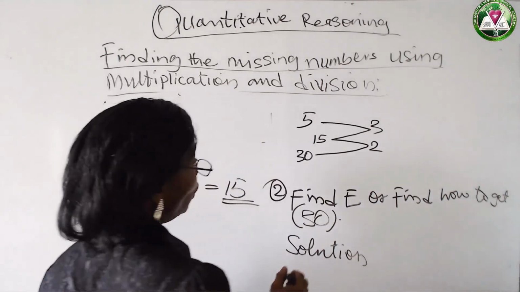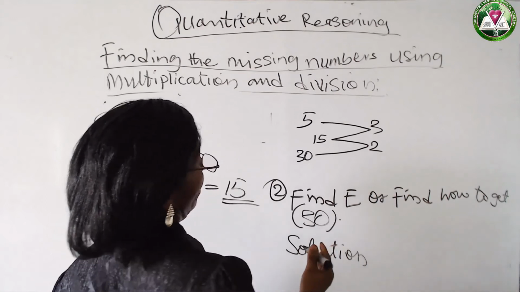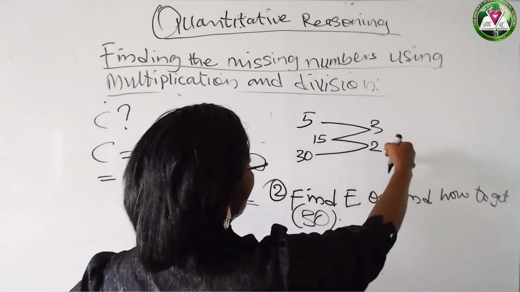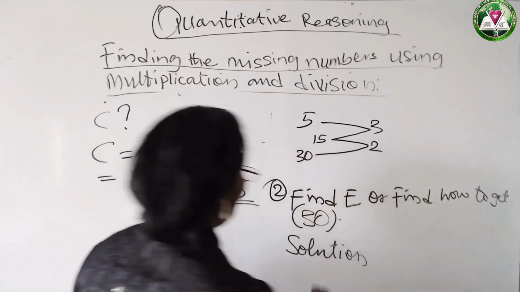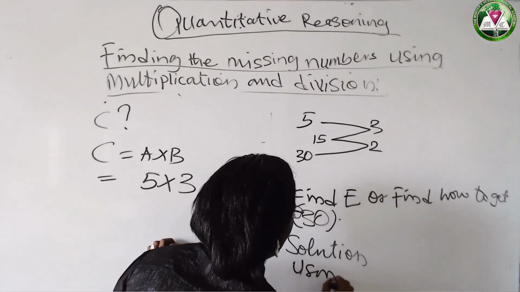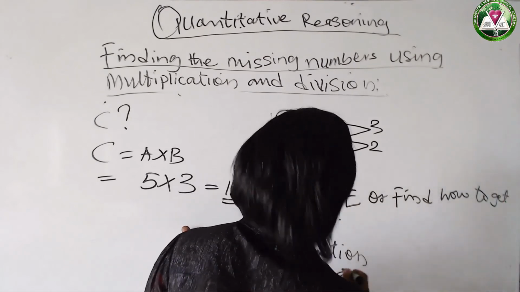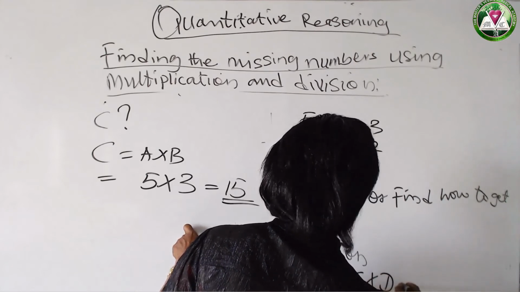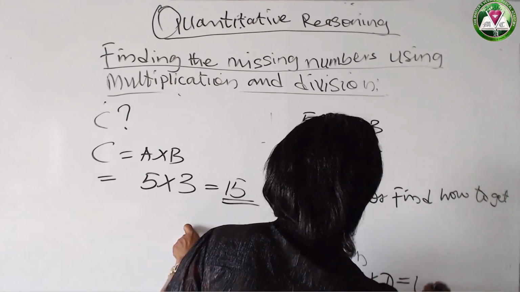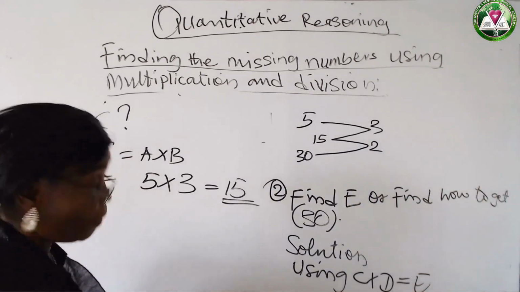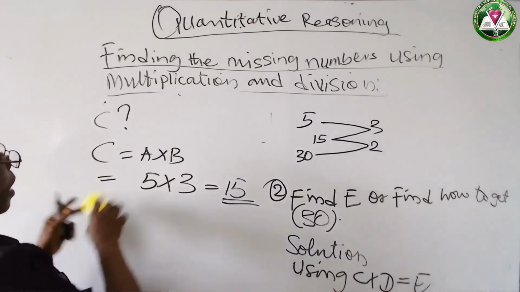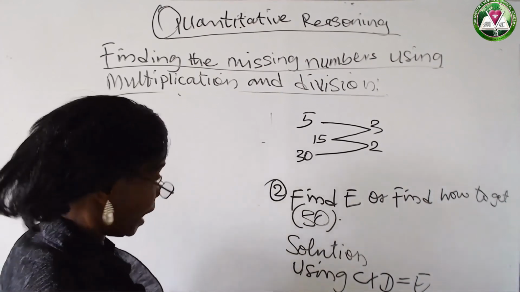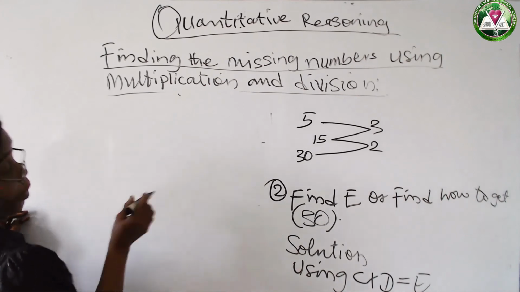She said I will use C times D equals to E. So using C times D equals to E, when we replace these numbers with figures, we'll be able to get these values.